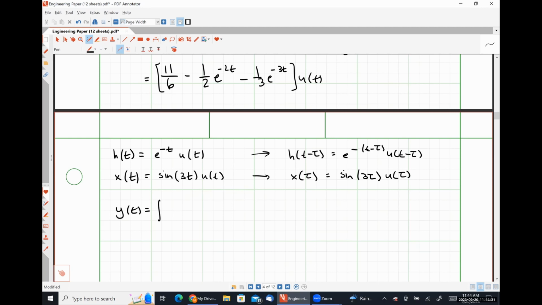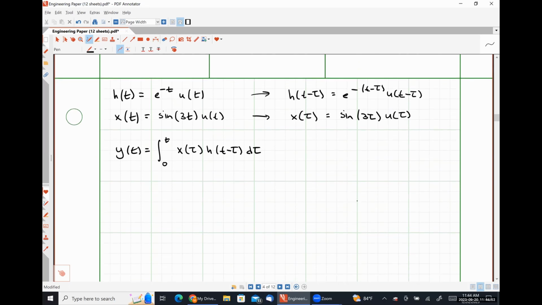So y of t is going to be the integral from 0 to t of x of tau, h of t minus tau, d tau for t greater than or equal to 0.